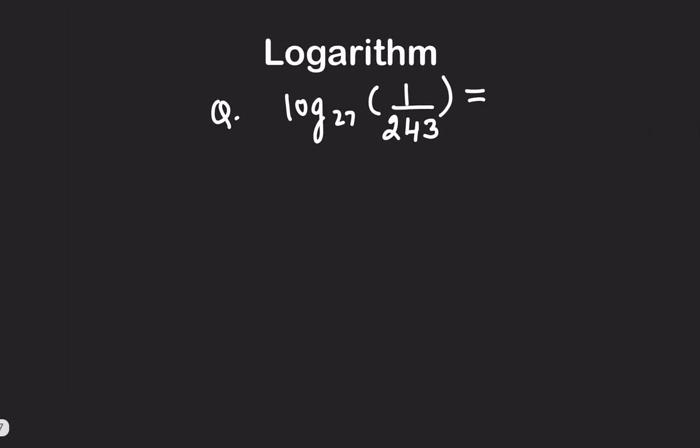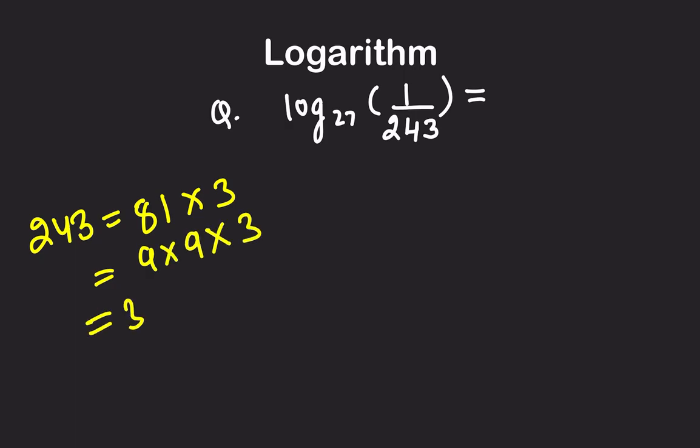Third thing. Log of 1 by 243 base 27. How are you going to solve it? First thing, 243. This is my thinking. How will I think? This is 81 into 3, or 9 into 9 into 3, or 3 into 3 into 3 into 3 into 3. This is 3 raised to power 5. This is clear. No worries there.